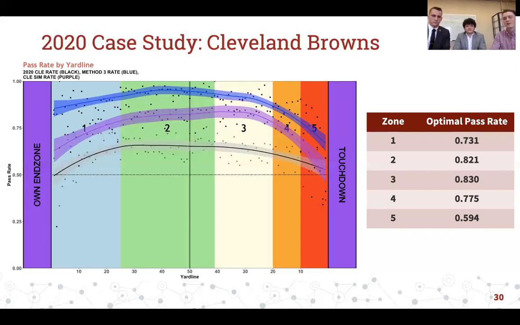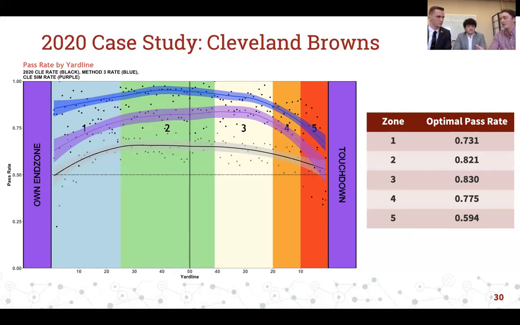Finally, we take another look at that graph that groups by yard line, and we see our overall method 3 in blue, which is the ridiculously high passing rates. But we also see what we observed from Cleveland in 2020, which is the gray and black line. For purple, that's what we prescribe to Cleveland to fix their passing rates. We can see we should increase them in zone 1.